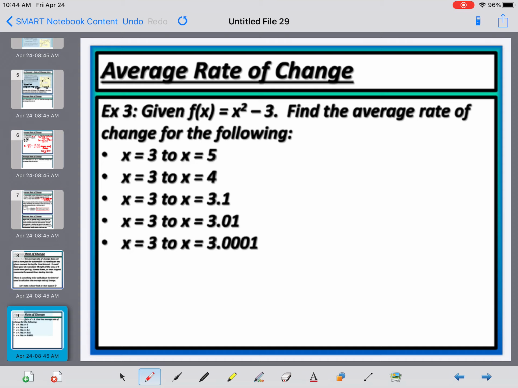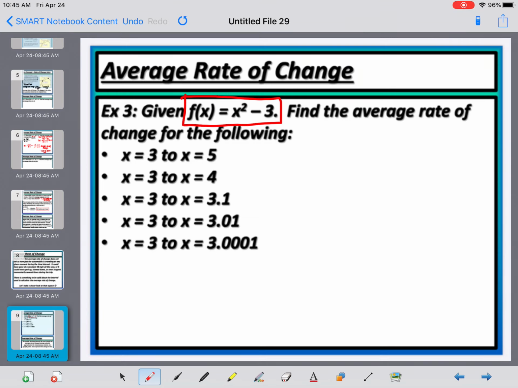So we're going to do a little bit of an experiment. We're going to calculate these 5 individual rates of change for this one function. We're using the same function every time, but we're looking at 5 different time intervals.